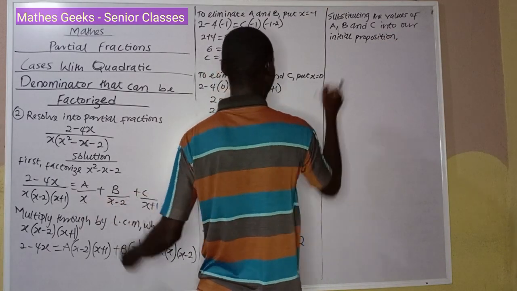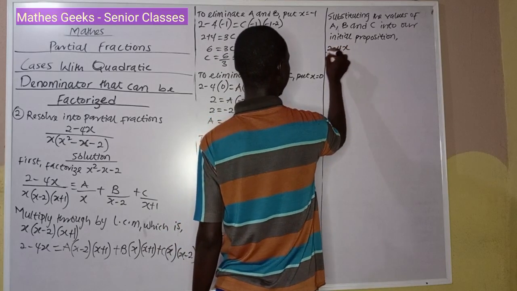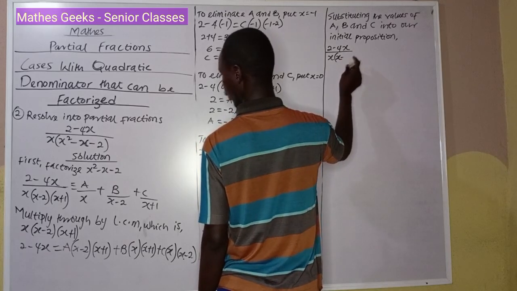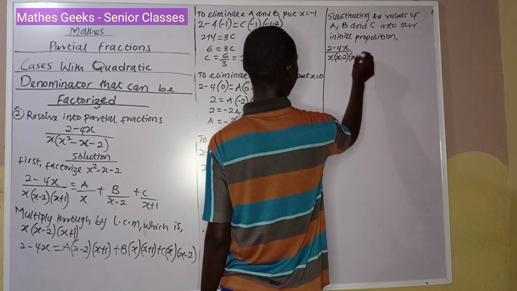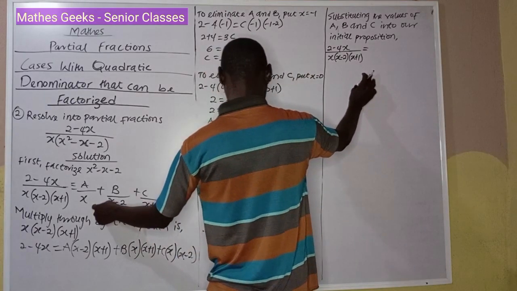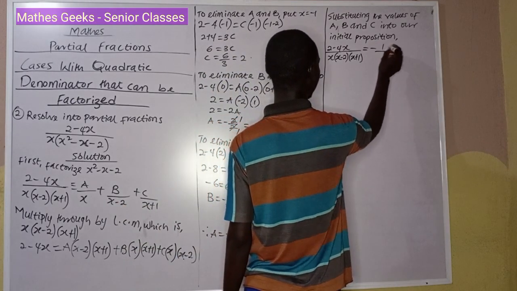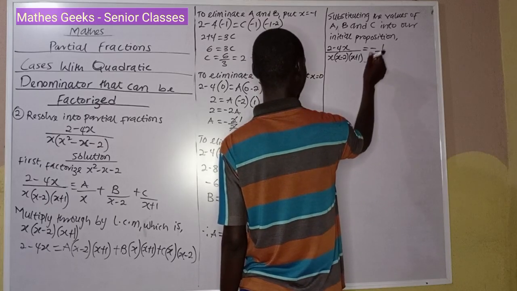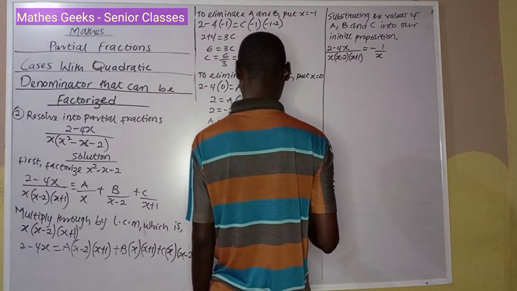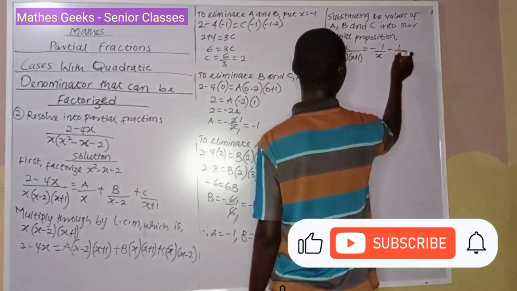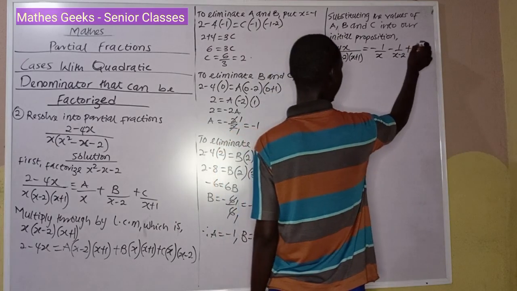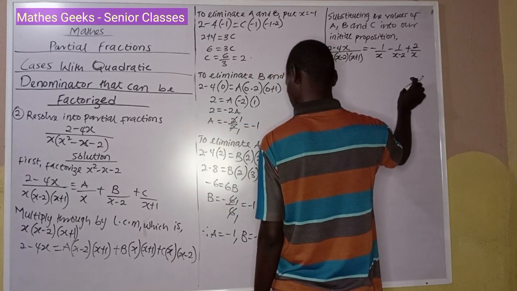Remember this: 2 minus 4x over (x minus 2)(x plus 1) is equal to a, which is minus 1 over x, and b is minus 1 over x minus 2, plus c is equal to 2 over x plus 1.